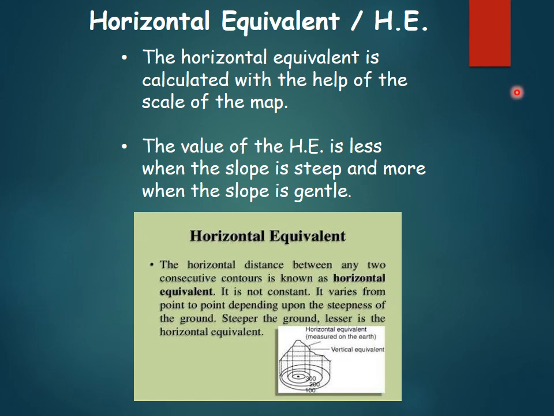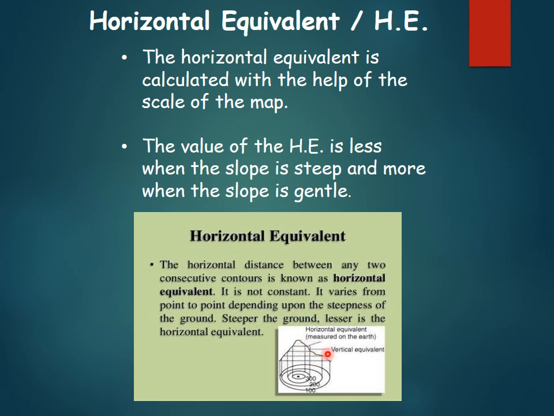The next feature of the contour lines is horizontal equivalent, also called H.E, which is the short form or abbreviation for it. The horizontal equivalent is calculated with the help of the scale of the map. The value of the equivalent is less when the slope is steep and more when the slope is gentle.